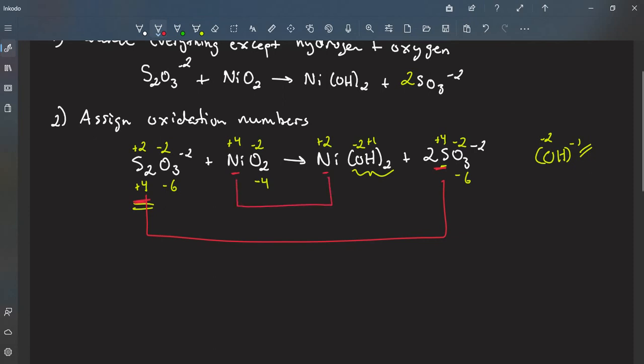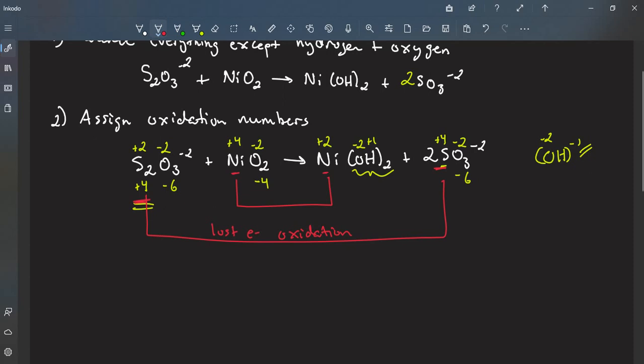Okay, now let's analyze this. Sulfur has gone from a +2 to a +4. It has become more positive. That means it has lost electrons. We'll worry about how many it's lost in just a bit, but right now we can say it's lost electrons, and because it's lost electrons, it is an oxidation half reaction. And nickel has gone from a +4 to a +2.